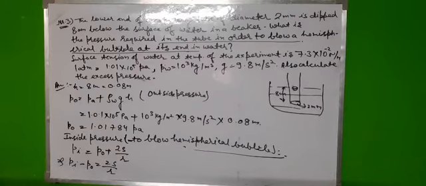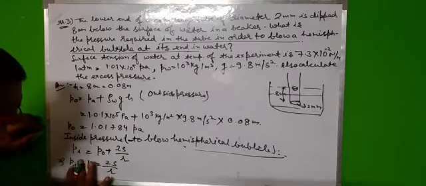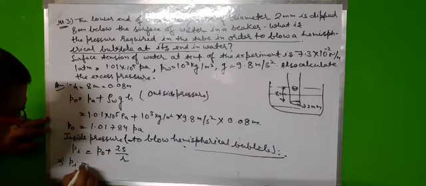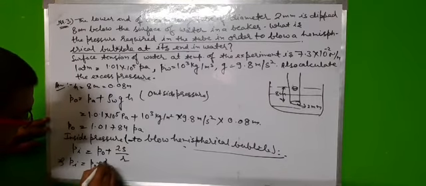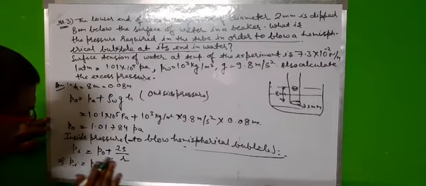So inside pressure is equal to P outside plus 2S upon r.